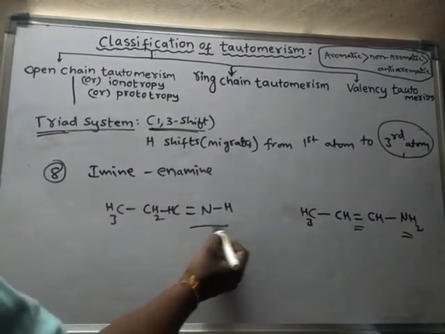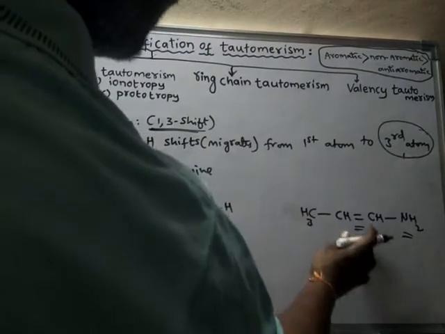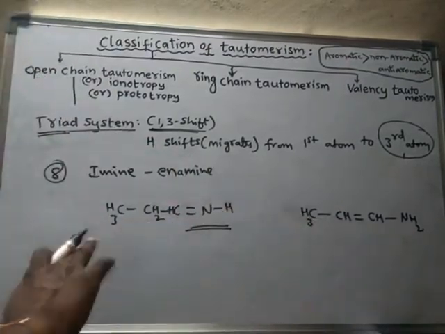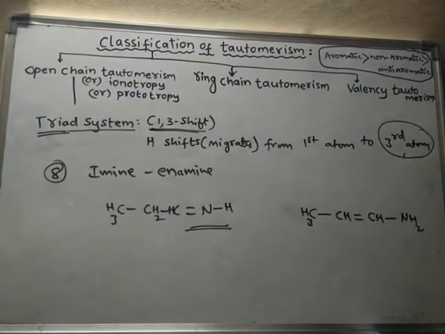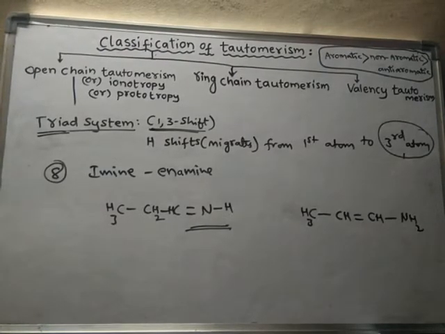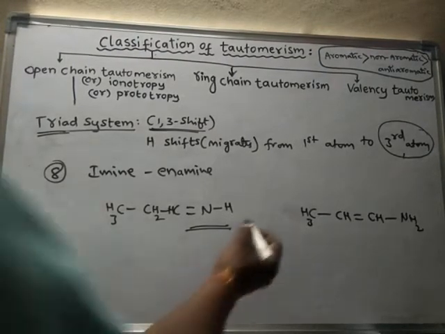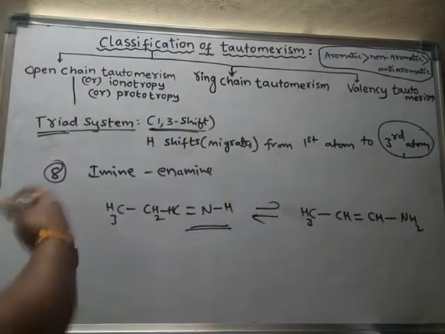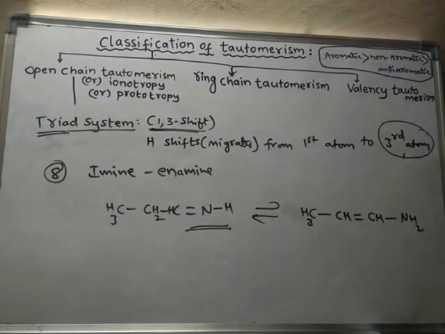This is called imine group, and this is enamine. Imine and enamine are tautomeric forms of each other. So like this, this is another example for a triad system.